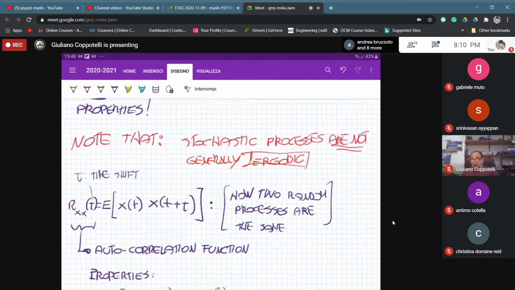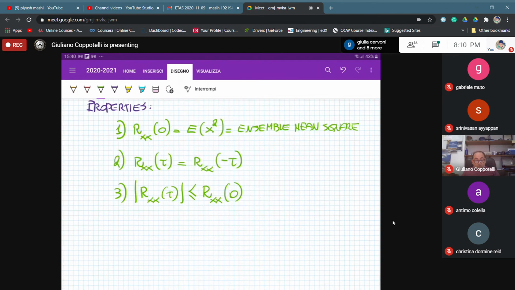That is a definition of how close or far two events are in your stochastic process. Now, if the process is also ergodic, then we can mix and match the time average and the ensemble average.